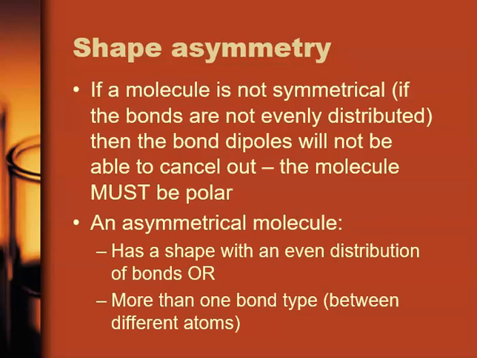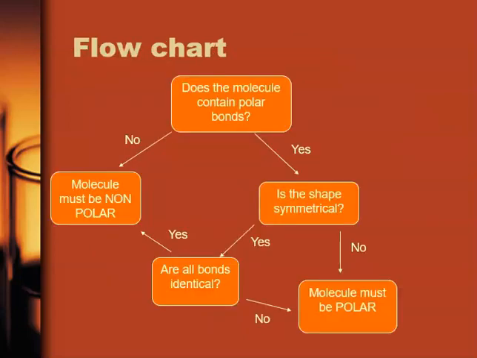Now, I quite like using a flowchart approach to figure this out. So here's my flowchart. Starting at the top, you've got to ask yourself, does the molecule contain polar bonds? If the answer is no, there are no polar bonds, then your molecule must be nonpolar. If the answer is yes, then the next thing I ask myself is, is the shape symmetrical?